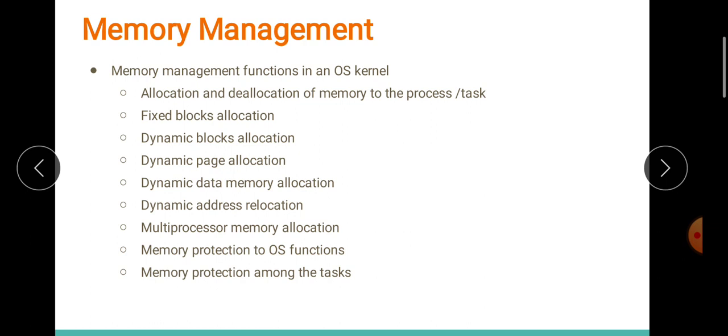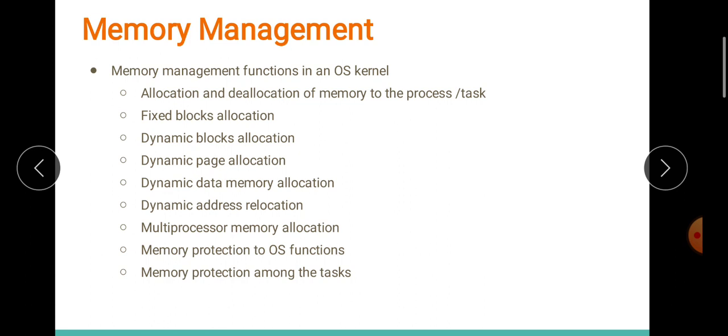Okay, and the final task is memory protection among the tasks. This means that a task's function call cannot write or read into the memory space which is allotted to another task, which is exclusive to another task.